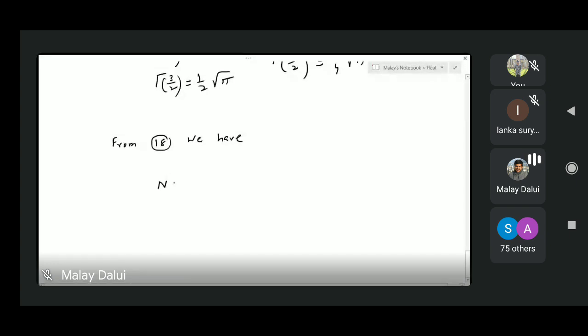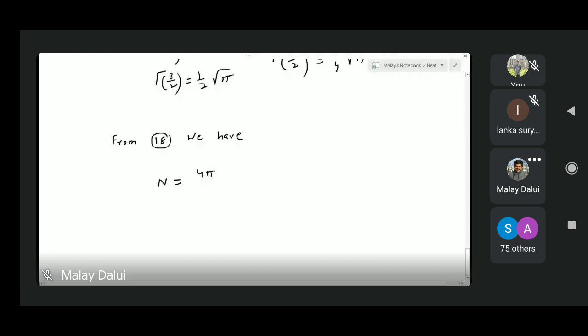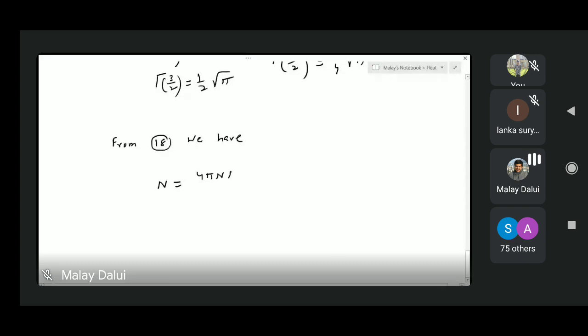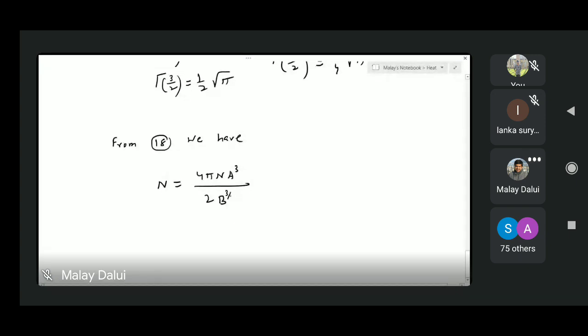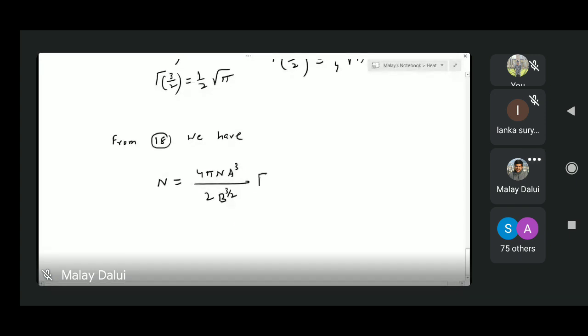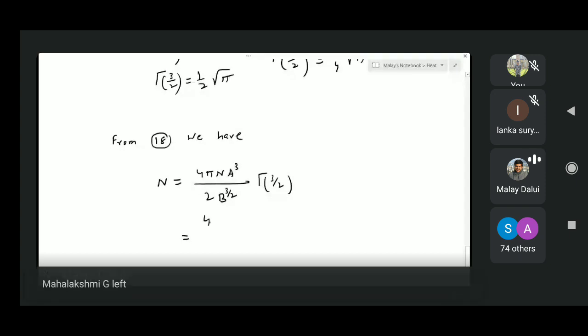n on this side. I'm not doing the integral. You can do this using the above relation. 2b to the power 3 halves and then gamma 3 halves, which will be equal to 4 pi n a cube.